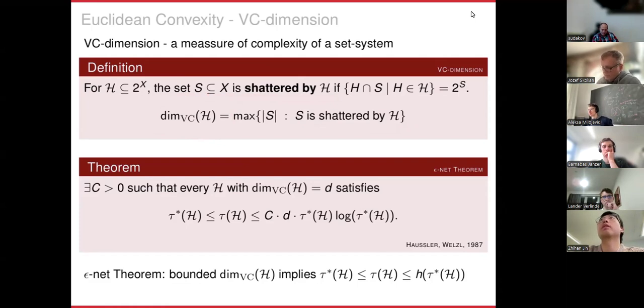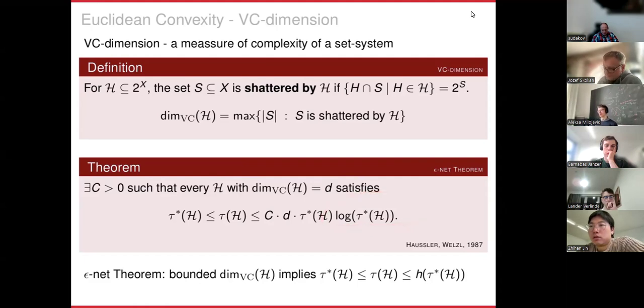And why is this important? Well, if we have a hypergraph with VC dimension d, then on one hand, we know that the transversal number is always at least as big as the fractional transversal number. But under the condition of bounded VC dimension, we can also show an upper bound: the transversal number of H is bounded by some absolute constant times the dimension times the fractional transversal number times the logarithm of the fractional transversal number.